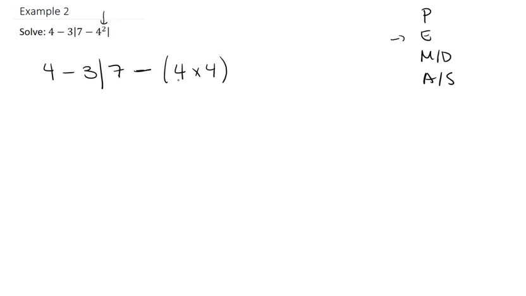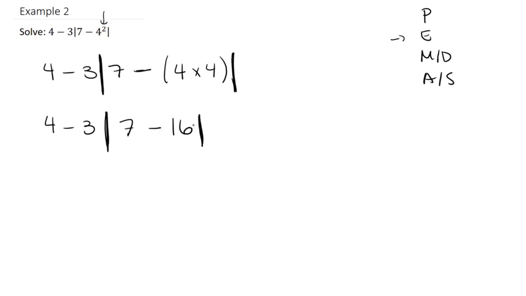We have 2 copies of the base number being multiplied together. So we can rewrite this: minus 3, absolute sign, 7 minus, so 4 times 4 is 16. Perfect. And then we can simplify what's inside the absolute value sign. We don't have to do any multiplication or division now, so we can just go to this final step.